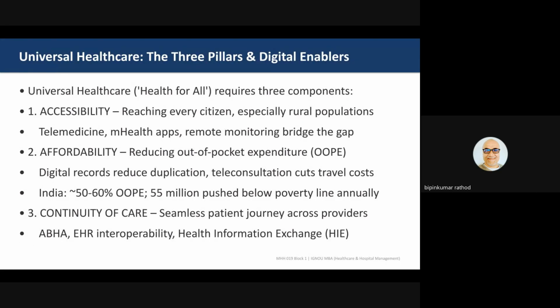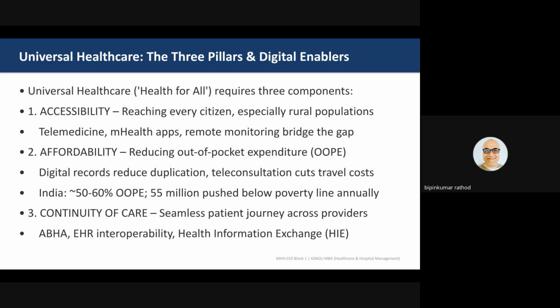So why digital health now and in the future? Basically, every country in the globe is trying to achieve universal healthcare. There are three pillars, and digital enablers, to achieve universal healthcare.